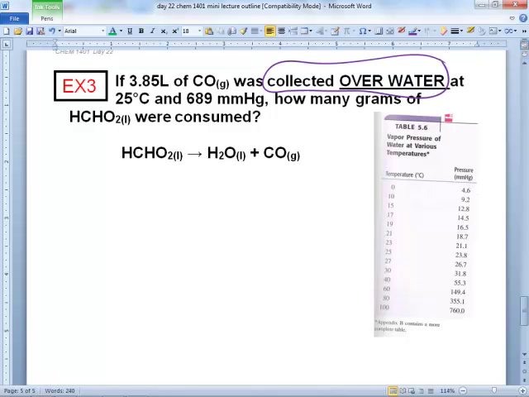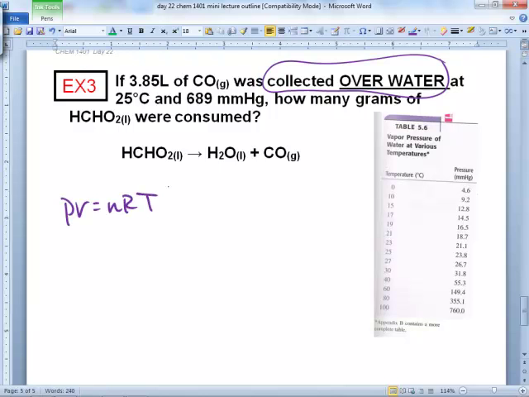Yeah, good. Which one should we mess with? PV equals nRT? Bianca says PV equals nRT. Yeah, that's the one I would shoot for too.